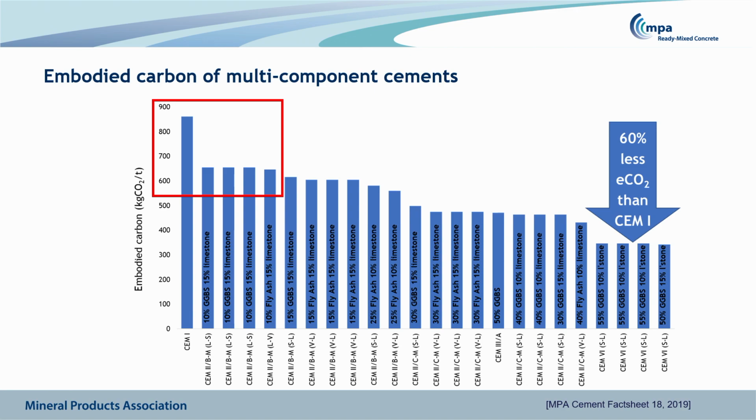It's as we start to introduce Portland limestone cements, CEM 2 AMs, CEM 2 BMs, where we're producing concretes that have similar performance to CEM 1, so at lower addition levels, but replace CEM 1 in use in construction, is where we'll see one of the largest benefits for lowering embodied CO2.